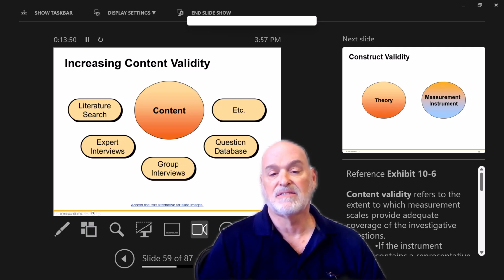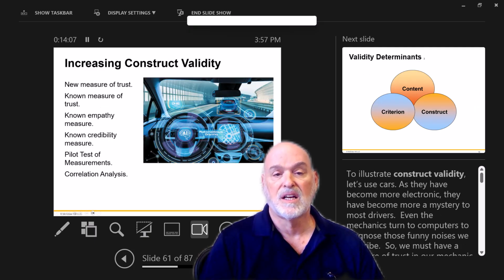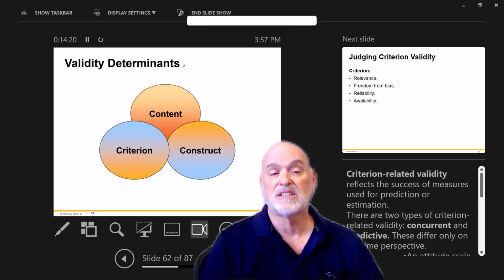Increasing content validity: literature search, expert interviews, group interviews, question database, etc., anything else, and that would all help increase the content validity. Construct validity: you have your theory, and then you have your measurement instrument. Increasing construct validity: a new measure of trust, known measure of trust, known empathy measure, known credibility measure, pilot test of measurements, and correlation analysis.